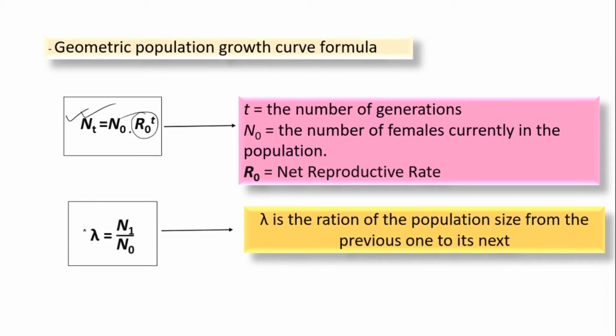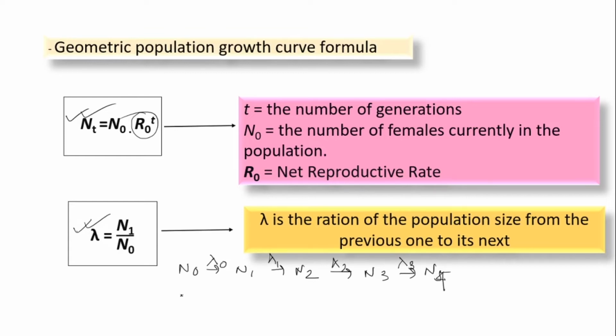Here lambda, the geometric growth rate, is the ratio of the next population size to its previous population size. So if we consider n0 to n1 to n2 to n3 and so on, and here lambda 0, lambda 1, lambda 2 and lambda 3.